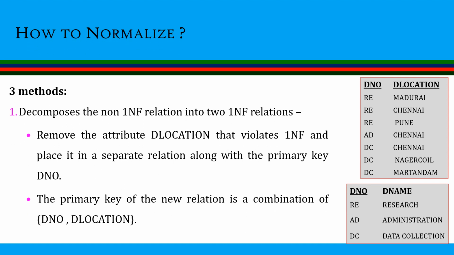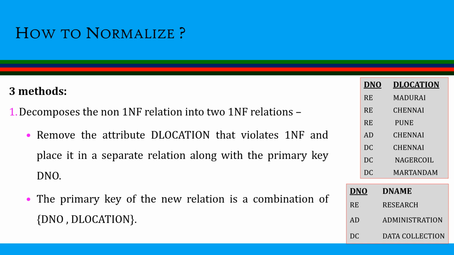So how do we normalize that table into first normal form? We have to avoid those repeating groups by decomposing this relation into two relations. We can have three methods for that. We can remove the attribute D location that violates the first normal form and place it in a separate table along with the primary key. The primary key is D number.